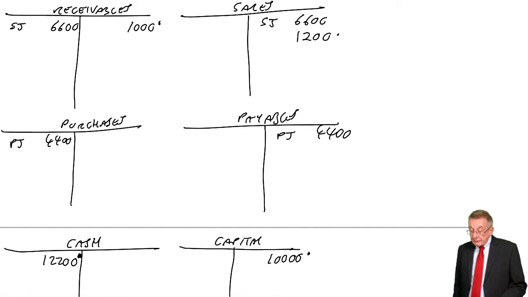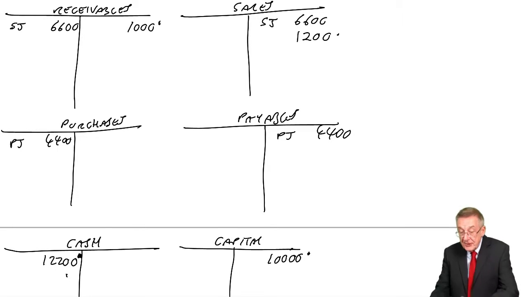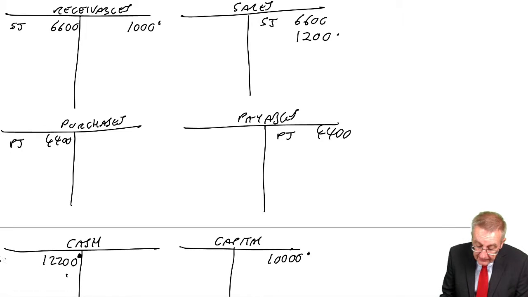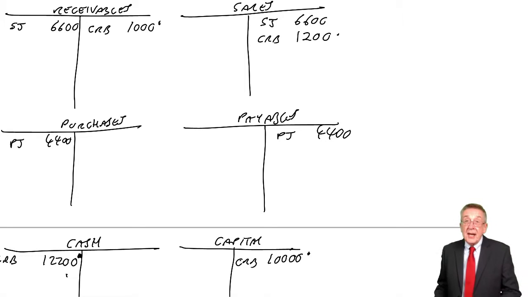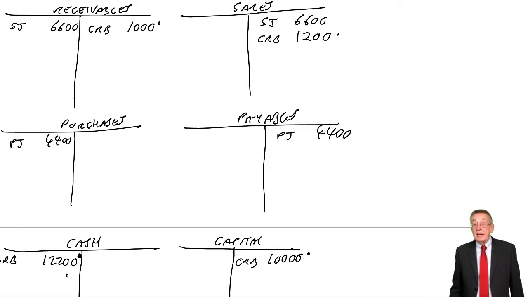Here, of course, it's vital we don't lose the cash receipts book because where's the credit for the 12,200? It's in three different places. I'll write against it CRB, because again, that's where we'd have to check if I wanted to know where everything had gone.